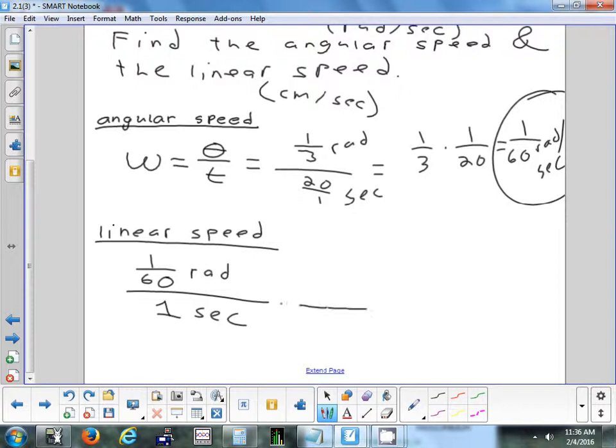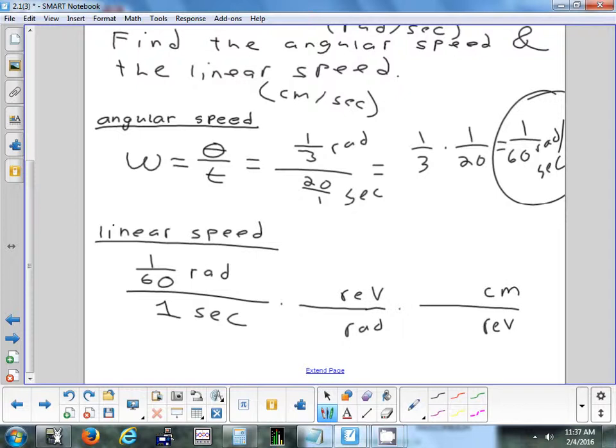Now you're going to have to multiply by a few conversions. I'll give you a hint at what the conversions are going to look like. First thing you have to do is change radians to revolutions. And then your next conversion is going to change revolutions to centimeters.